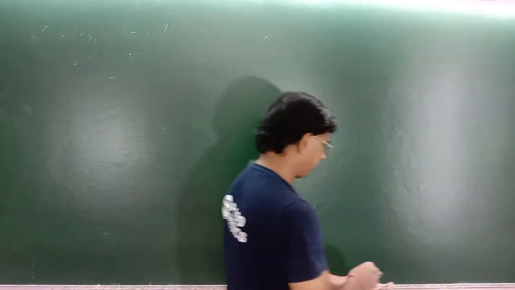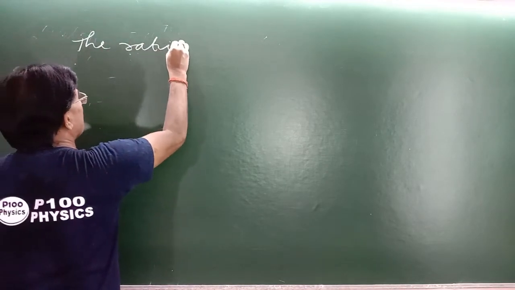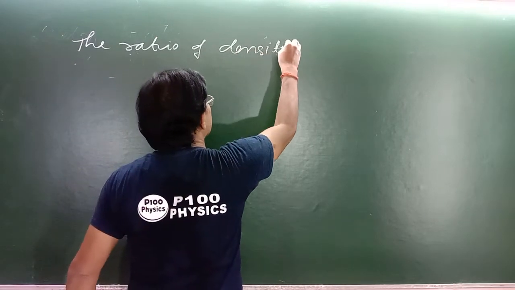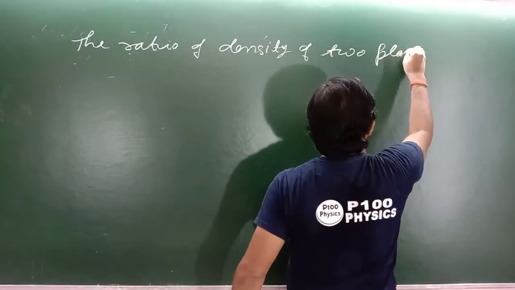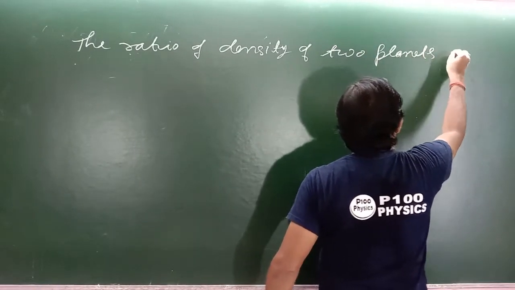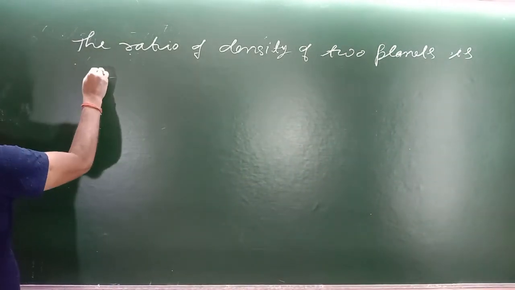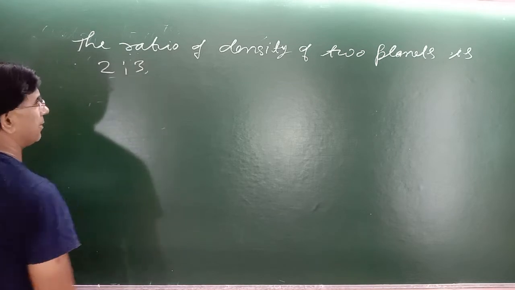It is given the ratio of density of two planets is 2:3.